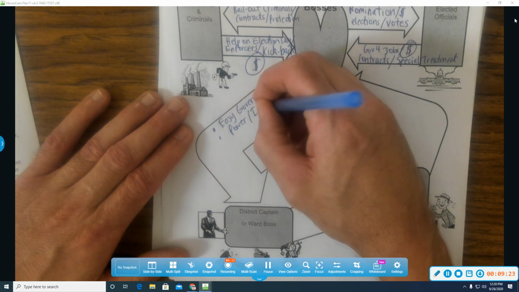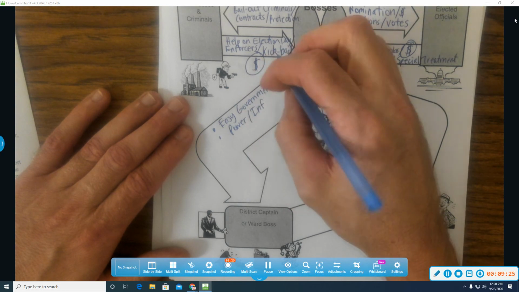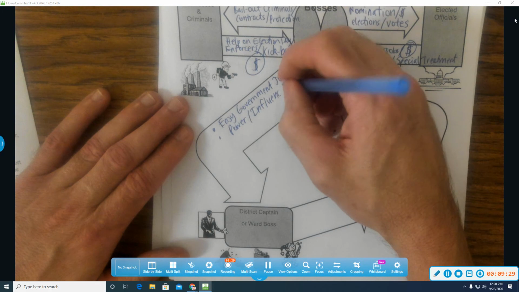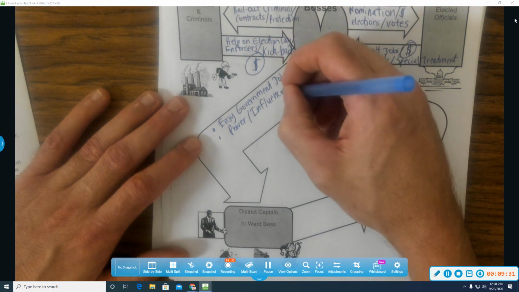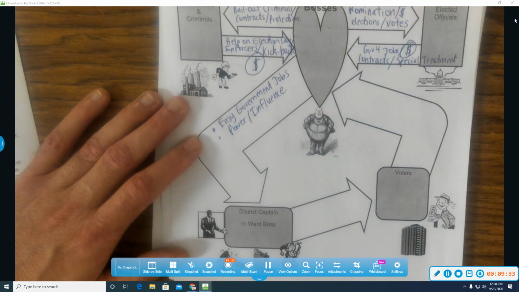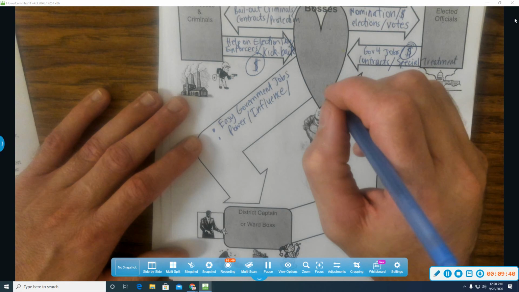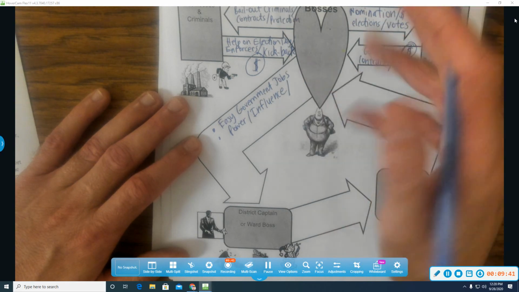Now remember, these ward captains, ward bosses, they know their neighborhood very well. They know the people, and he's providing them things, providing them a lawyer when they're in trouble, a turkey for Thanksgiving, all these little bribes.